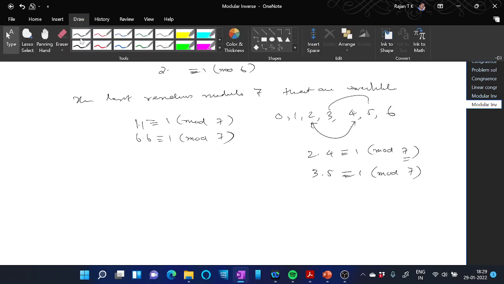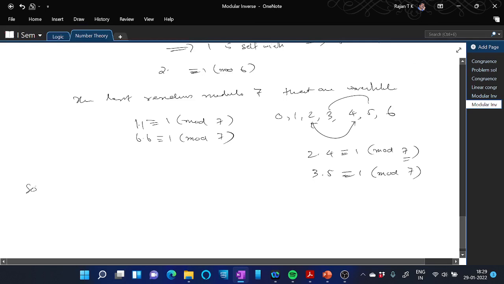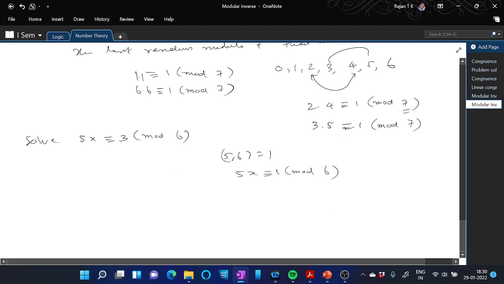Solve 5x congruent to 3 mod 6 using the idea of inverse. 5 and 6 are such that gcd of 5 and 6 is equal to 1, and therefore 5x is congruent to 1 mod 6 is solvable, or 5 is invertible, and it's self-invertible because 5 into 5 is actually congruent to 1 mod 6.